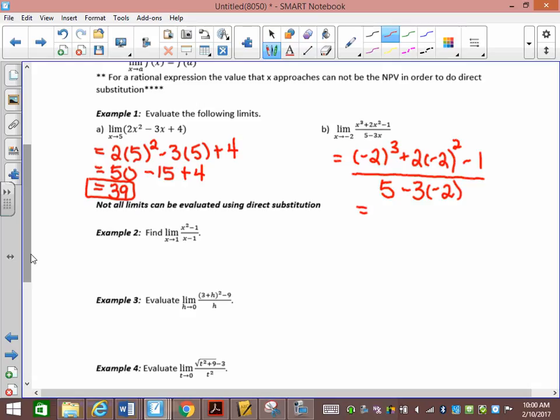You're going to get negative 8 plus negative 2 squared is 4 times 2, which is 8, minus 1, over 5 plus 6. So you're technically going to get negative 1 over 11. So from the left and the right, it's approaching negative 1 over 11.